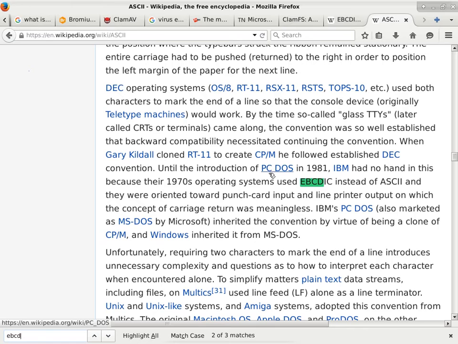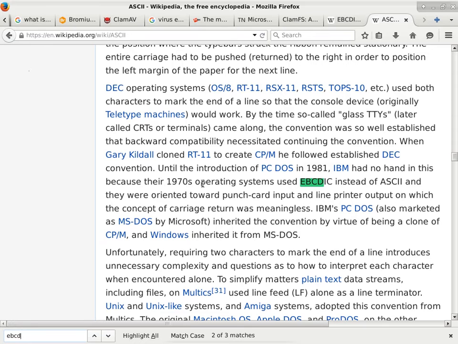Until the introduction of PC-DOS in 1981, instead of ASCII, they were oriented to punch card input and line printer output, in which the concept of carriage return is meaningless.